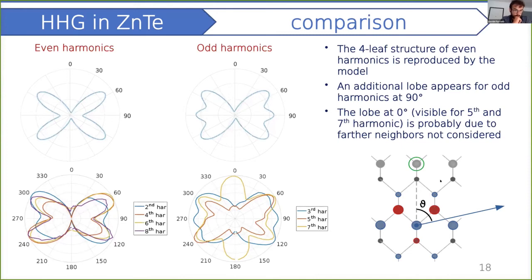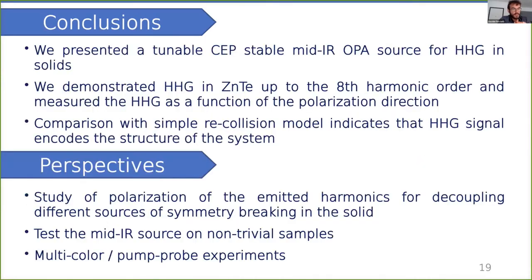So to conclude, we presented a tunable CEP-stable mid-IR OPA source for HHG in solids. We demonstrated HHG in a semiconductor crystal up to the 8th harmonic order, and we characterized the emitted harmonics as a function of the polarization direction of the laser field.